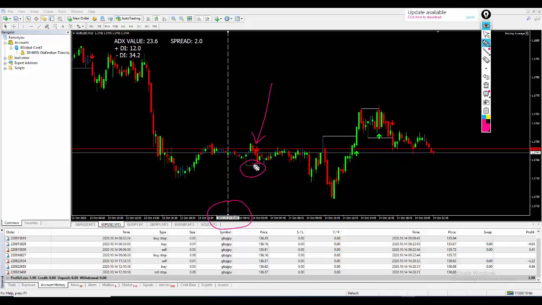But imagine we extend this support to this level. As soon as this price broke the support, I place a trade, and we can see that it reverses for some time and comes up to this level. So we should have made some little profit there.